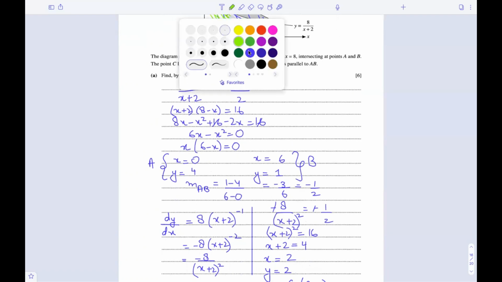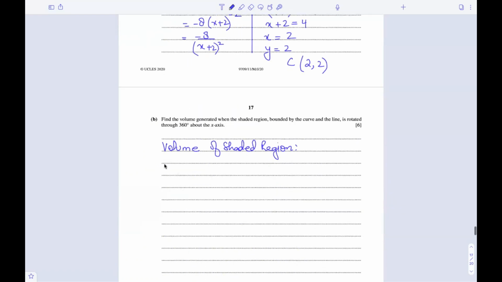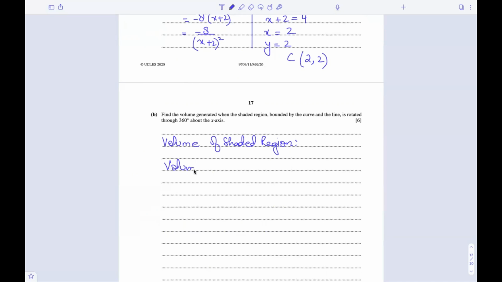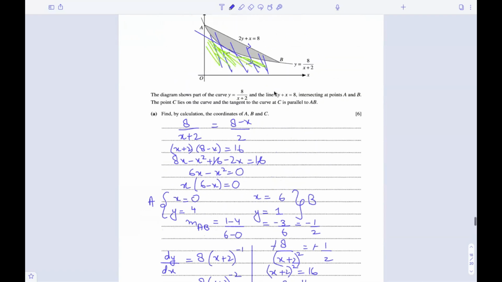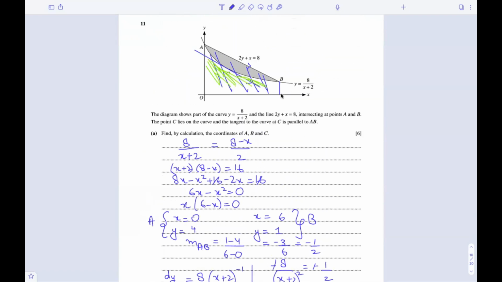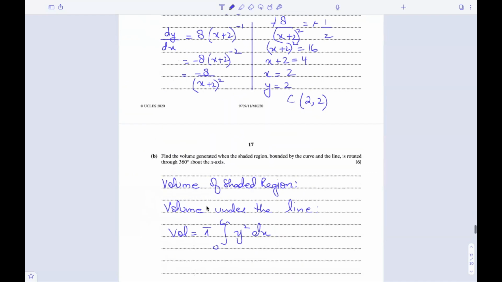So first, finding the volume under the line. We know that to find the volume, we take pi times the square of the function, and the limits are 6 and 0, as the x coordinate of B was 6, and the x coordinate of A is 0.